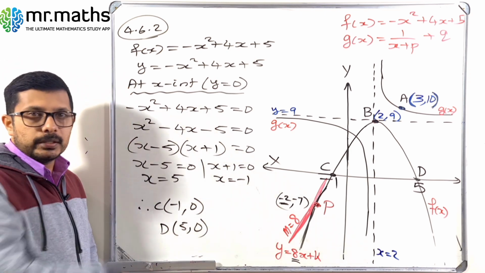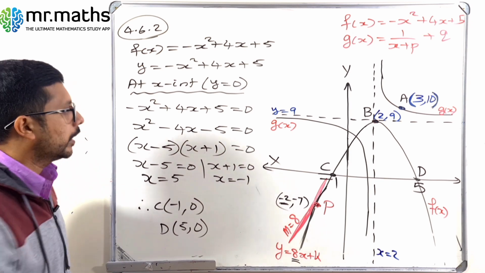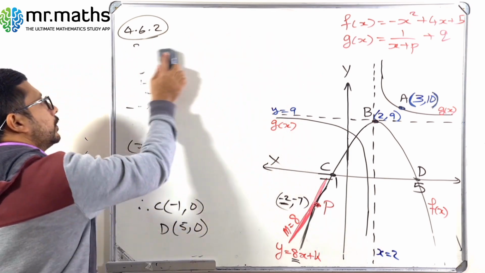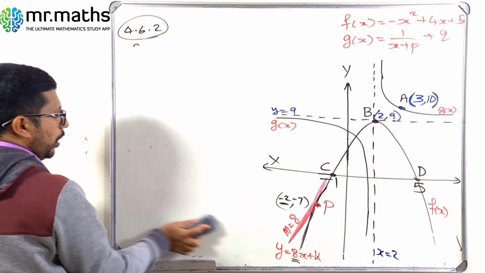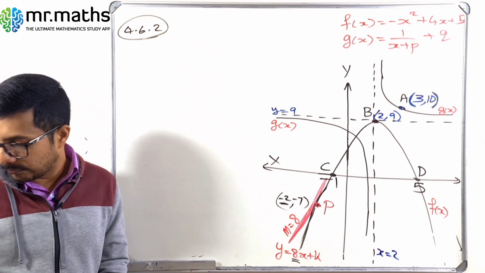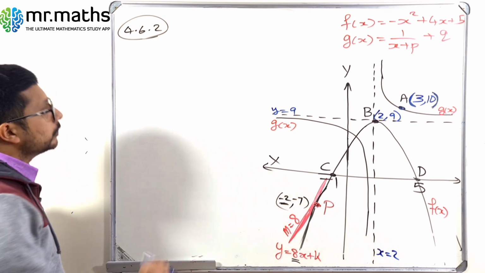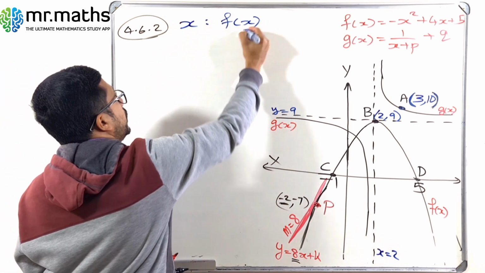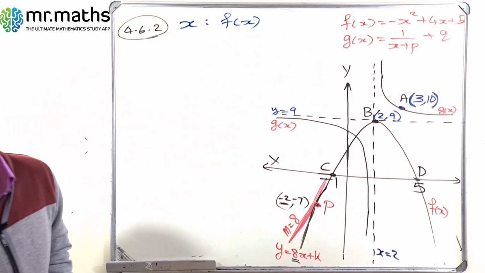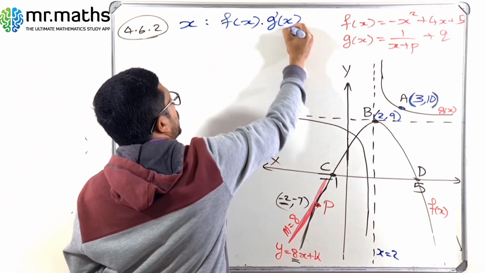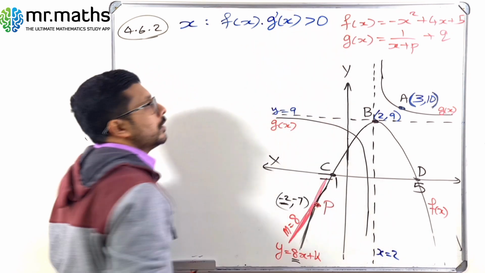Okay, now you have to write this one. Now listen very carefully here. What is our question? You have to find the values of x where f of x into g dash of x is greater than 0.